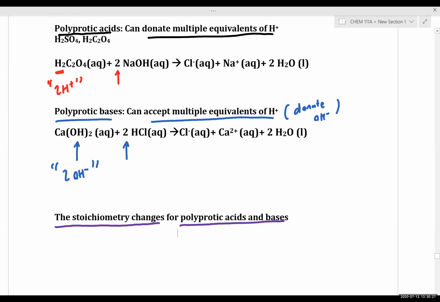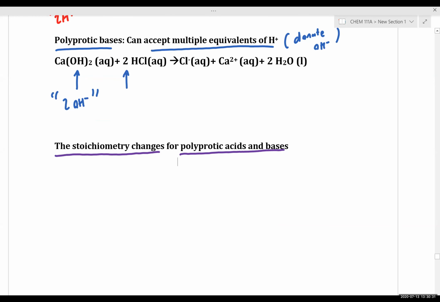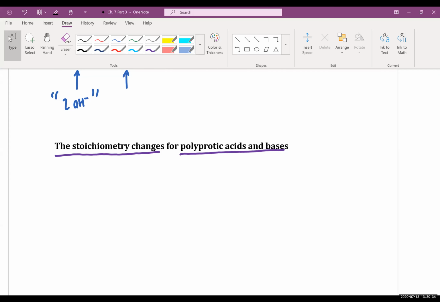So let's look at some examples, and let's try to fill in.